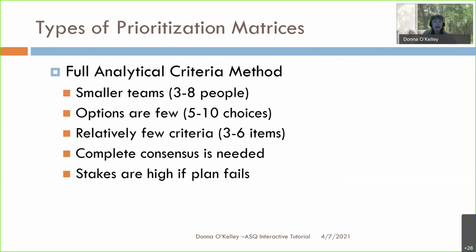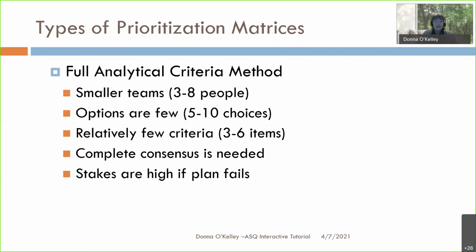There are several types of prioritization matrices, and I just want to mention that a lot of this information comes from the Memory Jogger 2. This is a textbook that I have in the references as well, that we use in the quality improvement methods class.